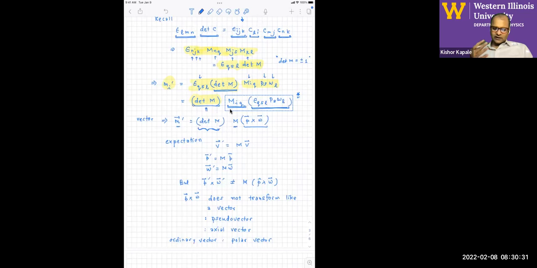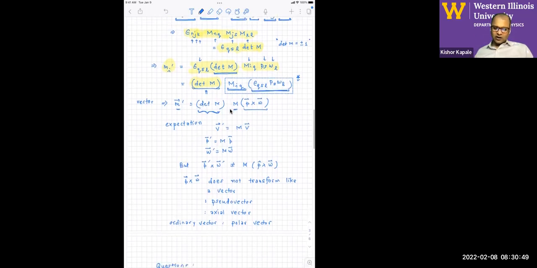Then the cross product vector is transforming properly like a normal vector. But if the determinant of M is -1, then you don't get the expected direction for the cross product vector after transformation. Somehow it changes direction, and that's the weird part, right? So that means the cross product is not quite a vector in the standard sense.